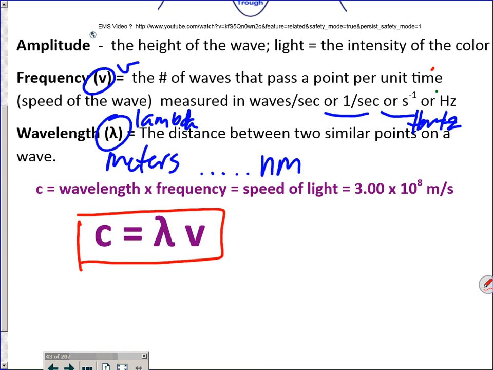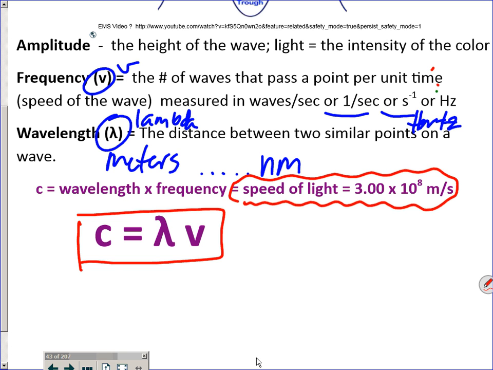But this is your friend. This is the speed of light equation. So the speed of light is, again, 3.00 times 10 to the 8th meters per second. So you will accidentally memorize this probably within 2 days because you'll use it a lot, okay? So the meters per second, does that correlate with what we just talked about up here? Yes or no? Yes, and that has to, because these units should be looking at each other, making sure they cancel or making sure they kind of collaborate.